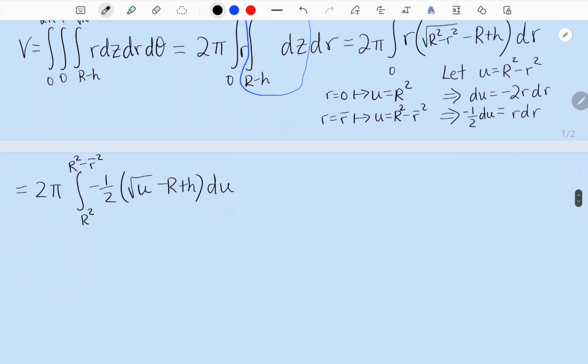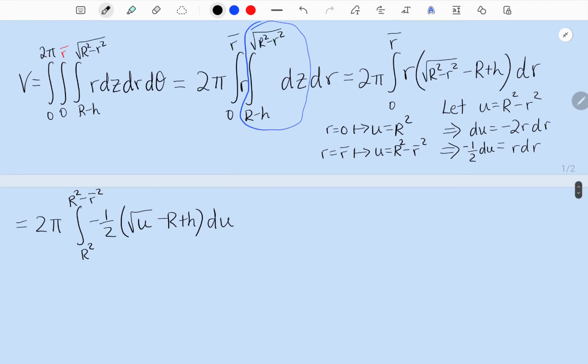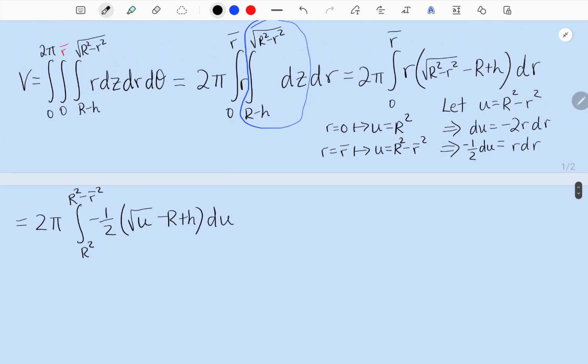Okay, we see here that R squared minus r bar squared is going to be smaller than R squared, because r bar squared is positive, but r bar is smaller than capital R. That's okay because we have a negative sign right here, which means the limits of integration are flipped, which is good, because the lower limit is actually bigger than the upper limit right over here. With the negative sign, we flip it.